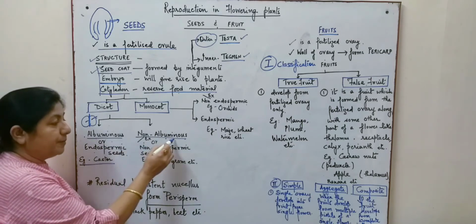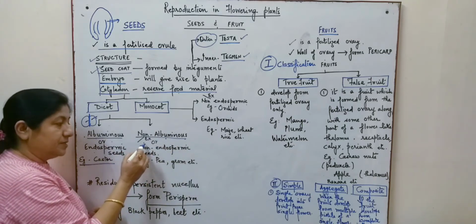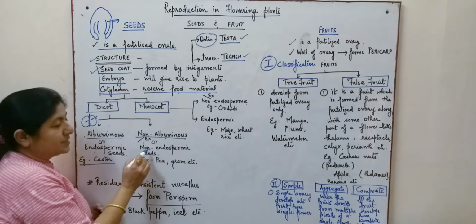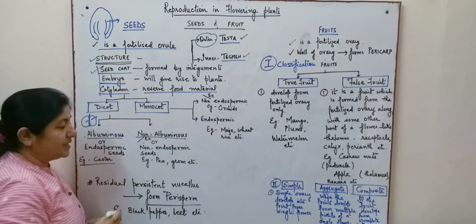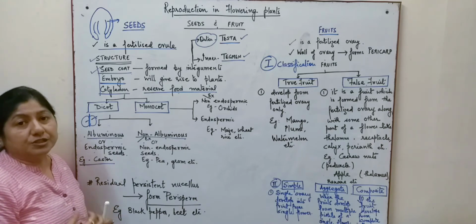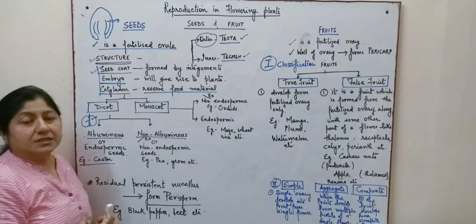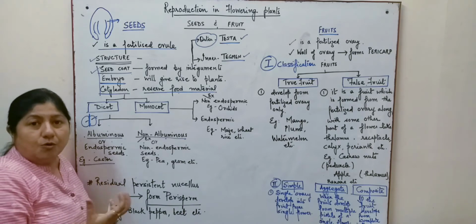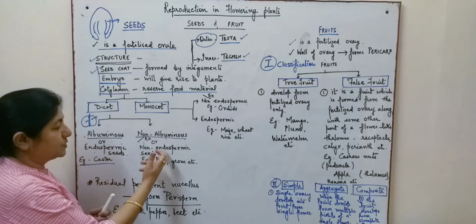Whereas non-albuminous or ex-albuminous seeds are also known as non-endospermic seeds, in which the endosperm is completely utilized by the embryo as a reserve food material and there is no endosperm left.